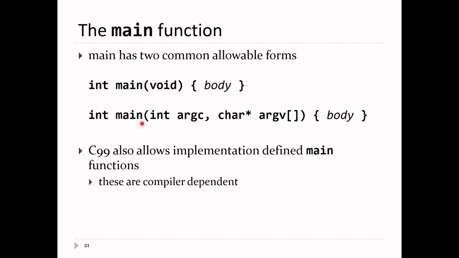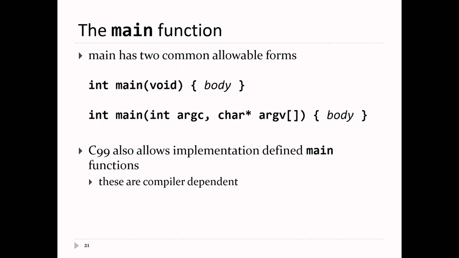With this version of the main function, you can feed your program command line arguments. You can write a C program that takes in command line arguments just like a bash script will accept command line arguments. argc is the number of command line arguments plus one.